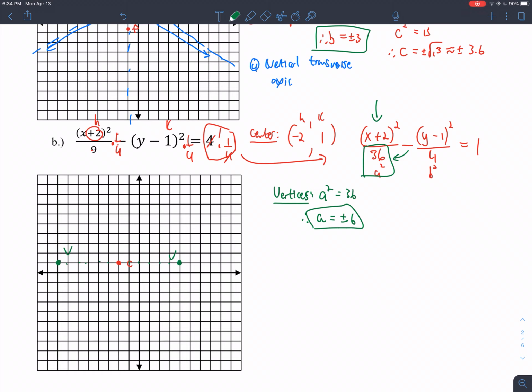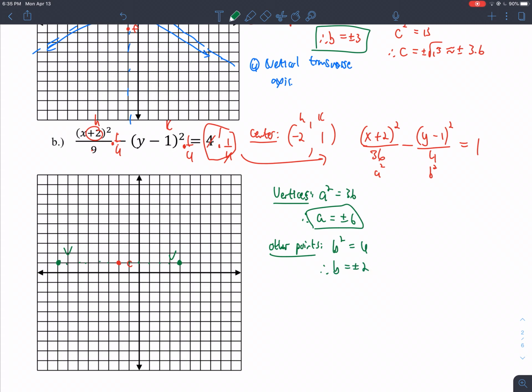And now, please, you should know, because the x term is in front of the minus sign, that what's going to happen here is branches like that. And so then I use, for the other points, they're not co-vertices, they're just other points at this point. B squared equals 4, and that means b is plus minus 2.